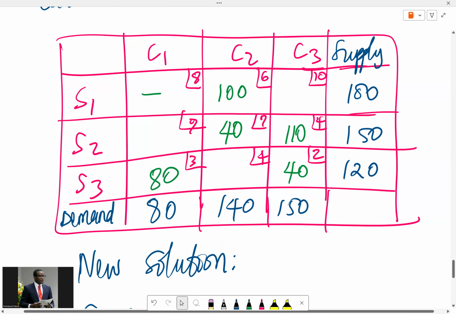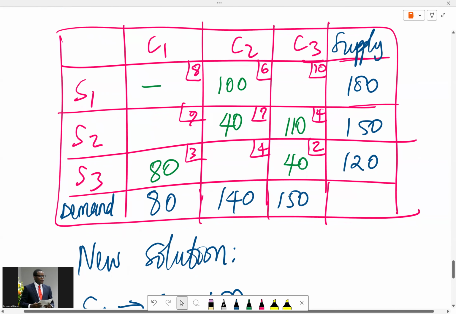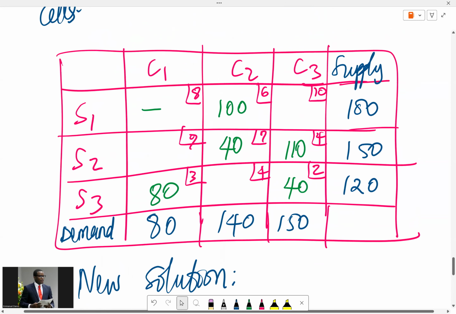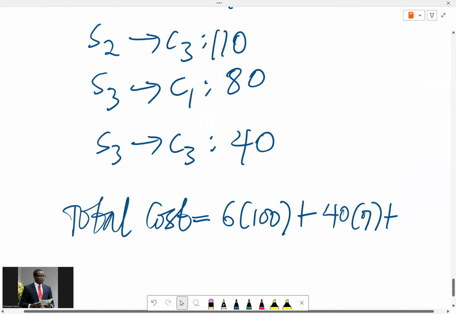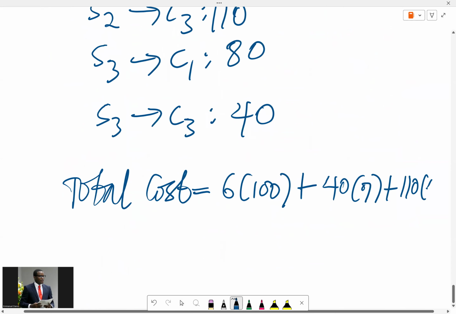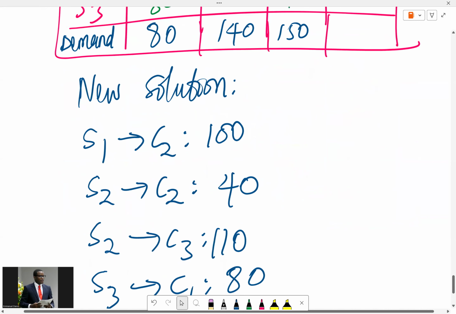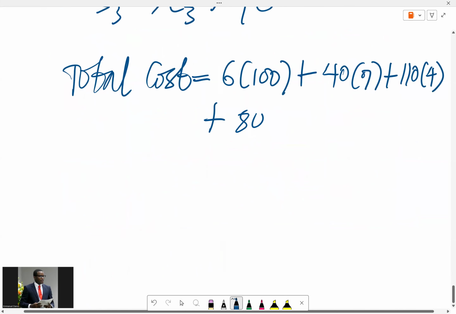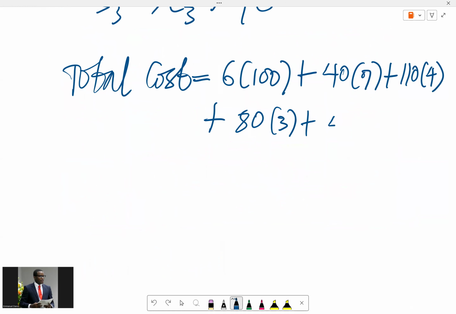Then the next one will be 40 times 7, plus 110 times 4, then plus 80 times 3, then 40 times 2.